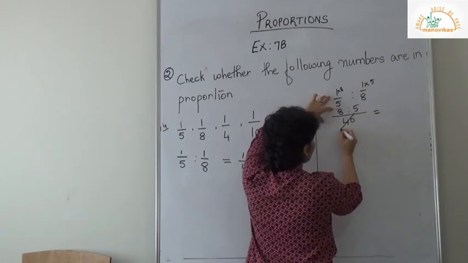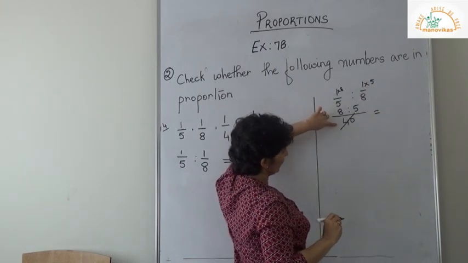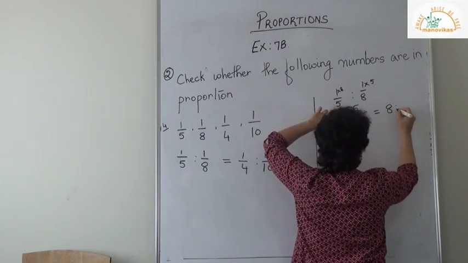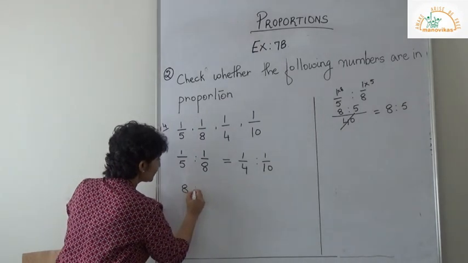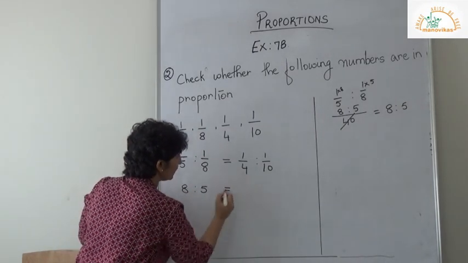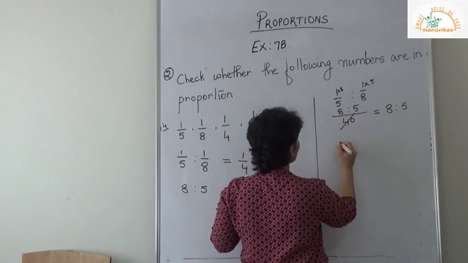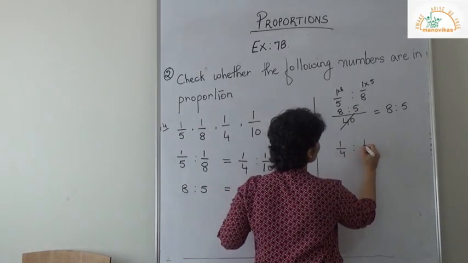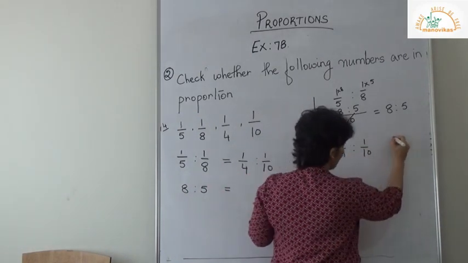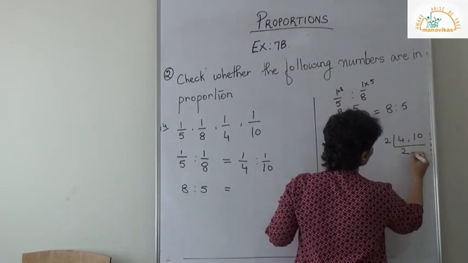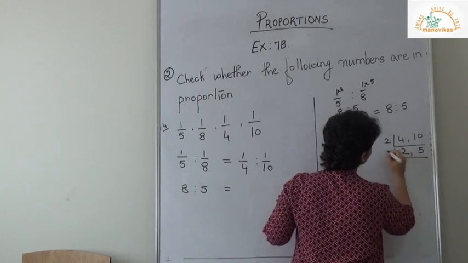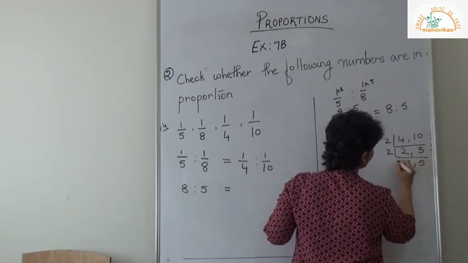So, we ignore the denominator. So, what do I get? 8 is to 5. So, this becomes 8 is to 5 should be equal to, let's see what is this? 1 upon 4 is to 1 upon 10. Now that I take my LCM, 4 and 10. 2 2s are 4, 2 5s are 10, 2 goes 1 time, 5 remains.